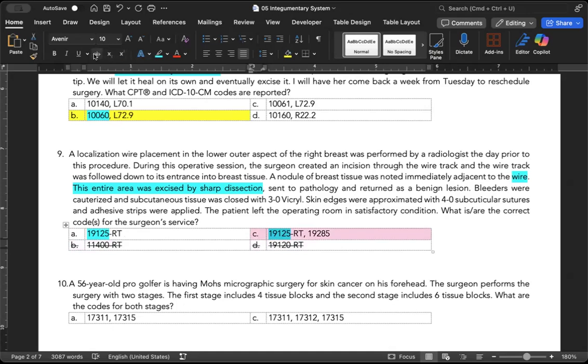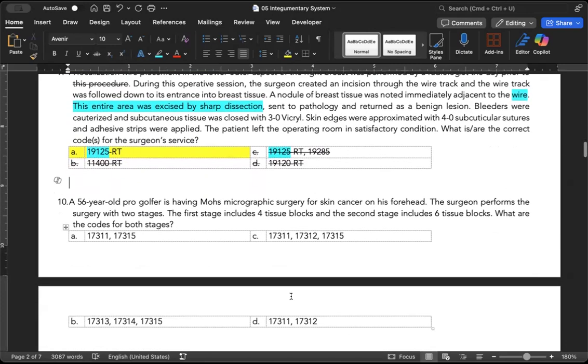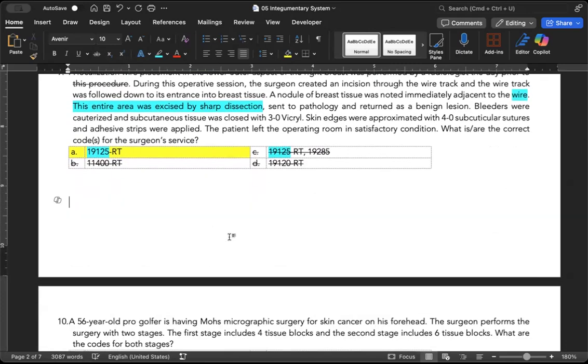So we are not going to report the 19285 because that wire placement was done yesterday, right? So this surgeon is only reporting for the excision itself. Yep, good job. Okay. Any questions? Okay.